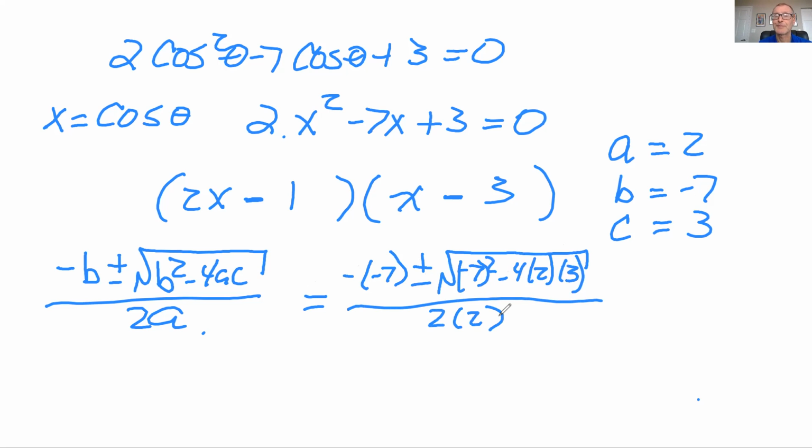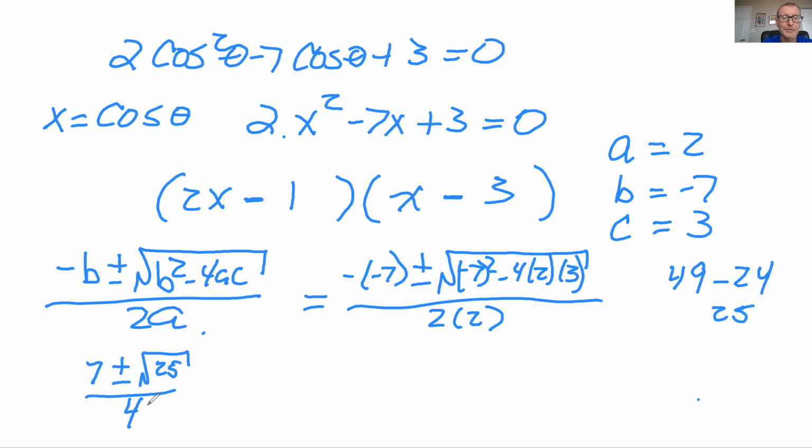So let's do what's inside the square root. It's called the radical, right? And so that would be 49 minus 24. 12 times 2 is 24, so that would be 25. So you would simplify this a little. That would be plus or minus the square root of 25 over 4.